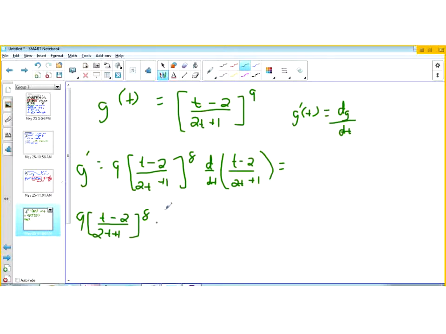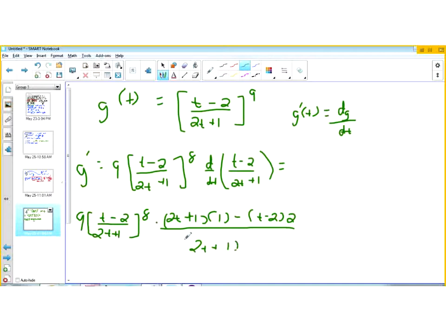Times, now we have to use the derivative of a quotient. We have to use the quotient rule for differentiation. That would be the bottom function, 2t plus 1, times the derivative of the top, which is just 1, minus the top function, t minus 2, times the derivative of the bottom function, all divided by the bottom function squared.